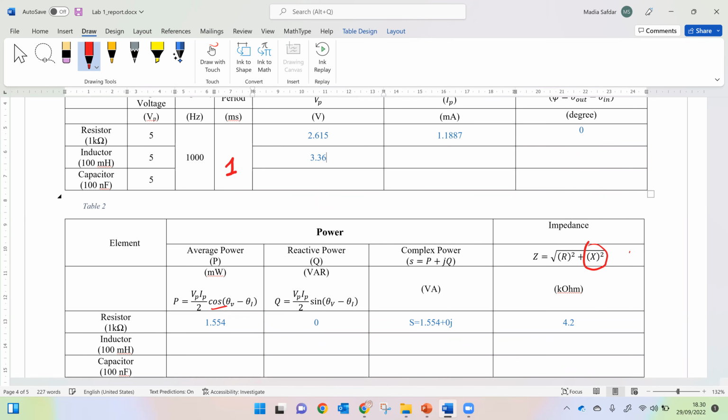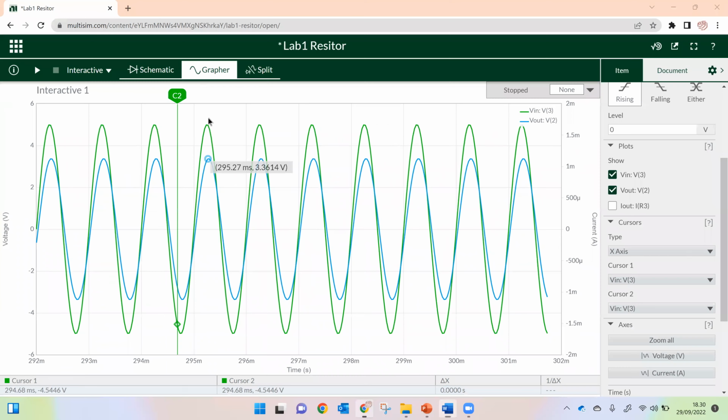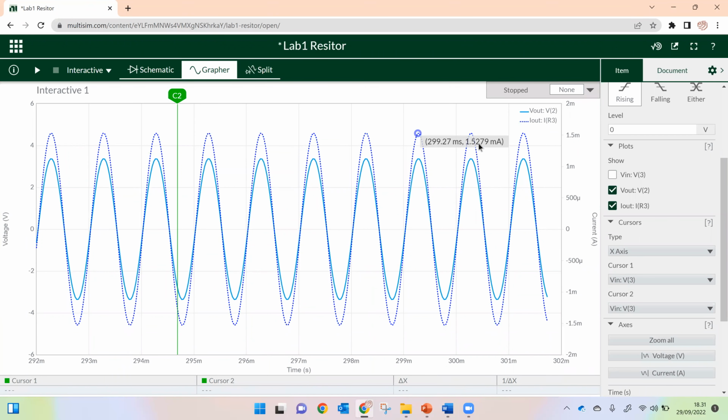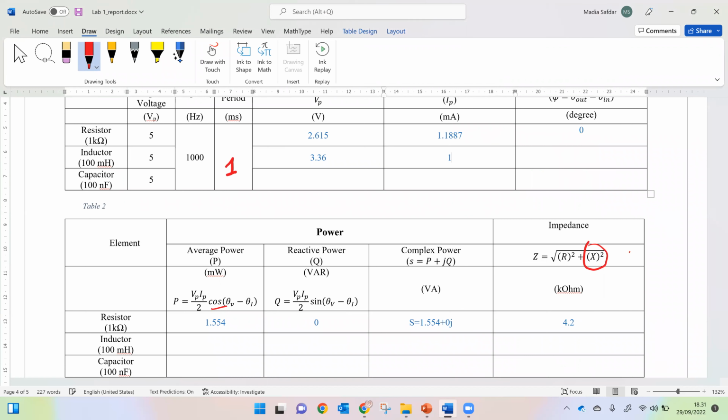Okay, this is volts. Then check this current here, and it's 1.5279 milliampere, 1.5279 milli. So it's already milli here. So remember that you have to make all the units correct in order to get full marks.